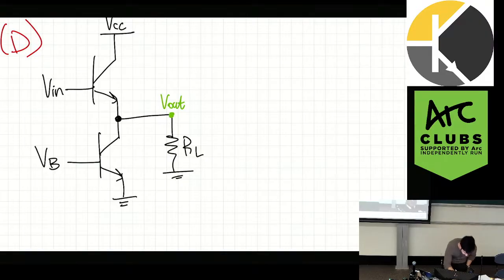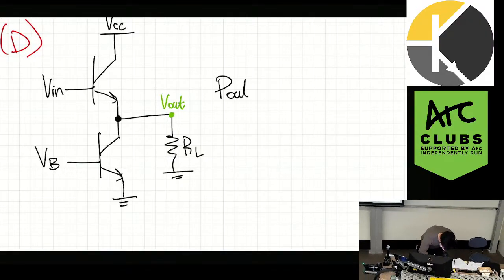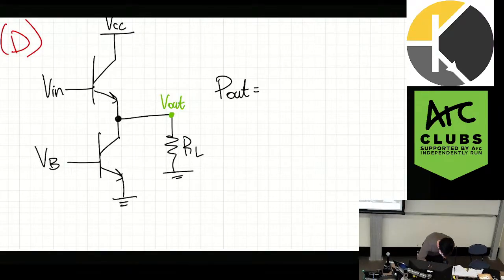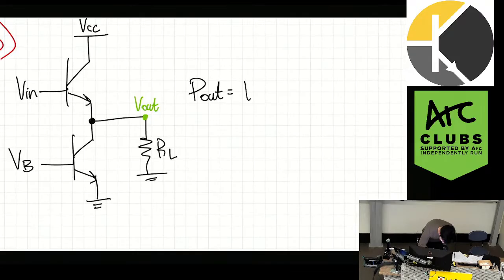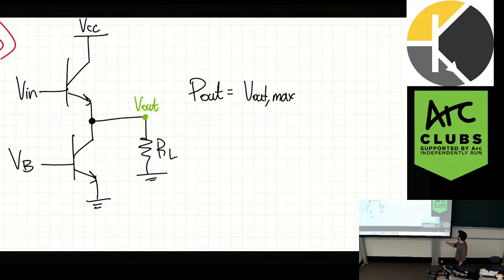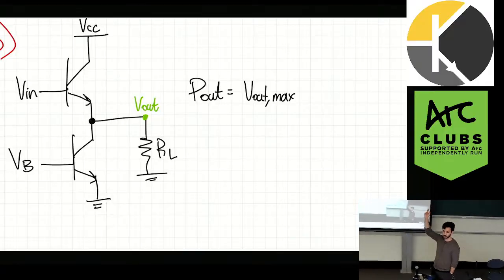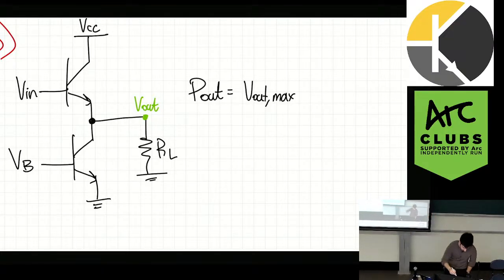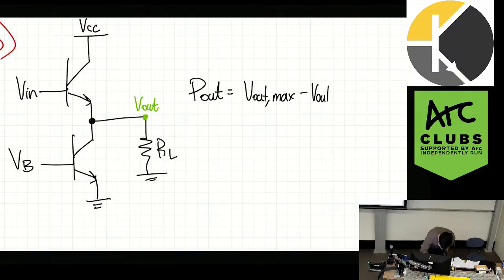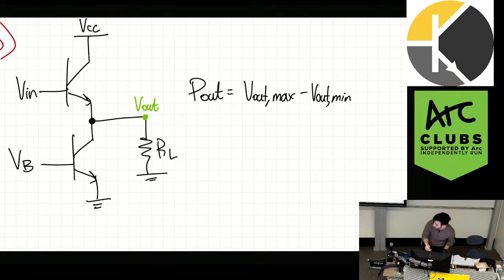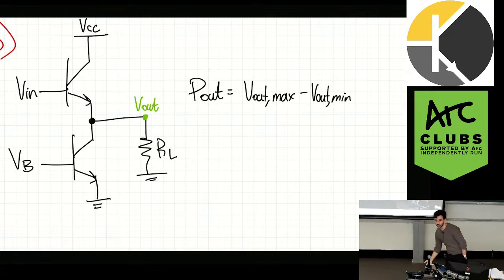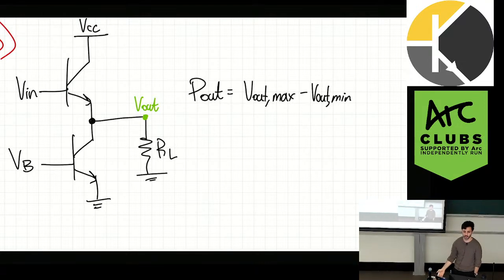Because the output power is going to be the maximum voltage, V out max. So that's the voltage it's allowed to swing in the positive direction before it turns one of the transistors off. And also V out min. So this is the lowest it can swing to before one of the transistors turns off.